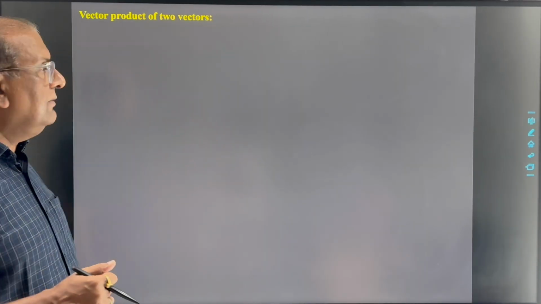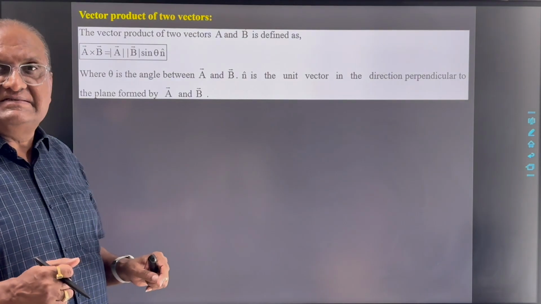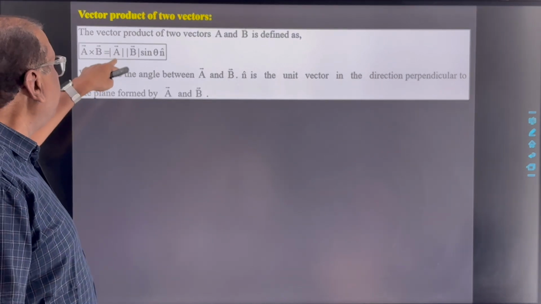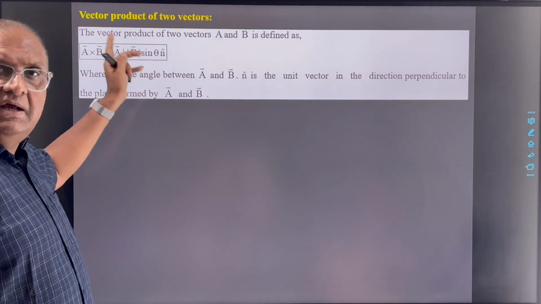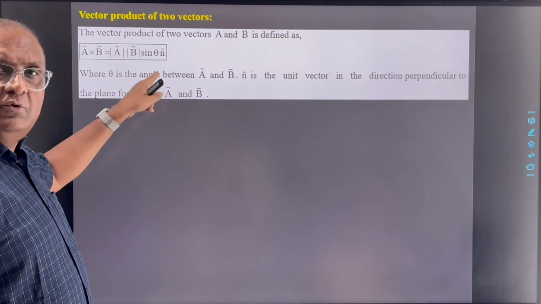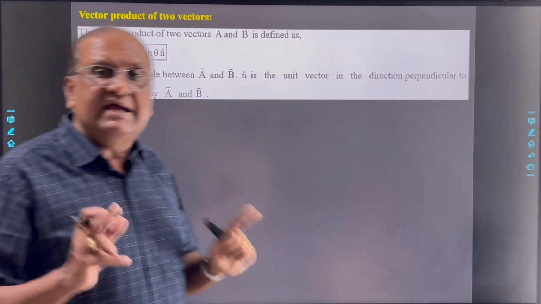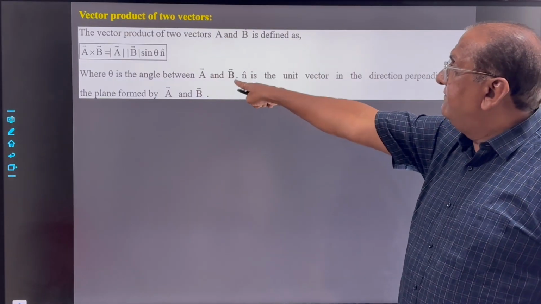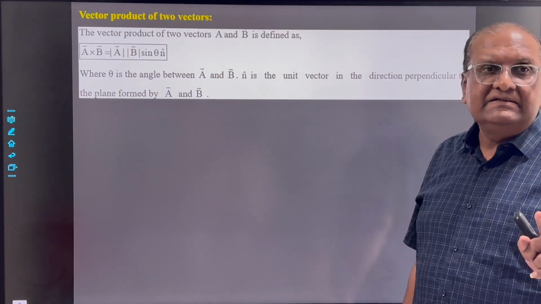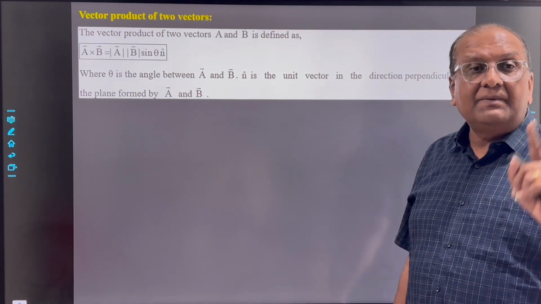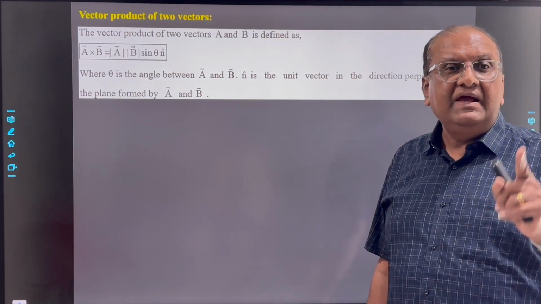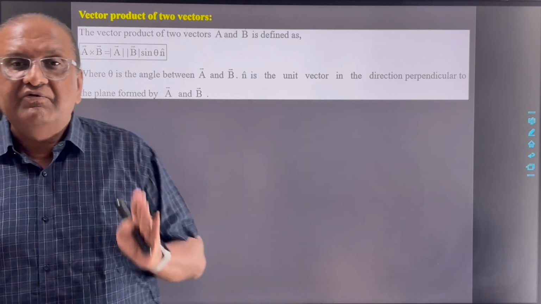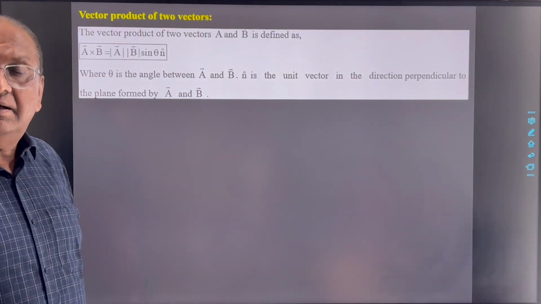Now here, the vector product of two vectors is defined as A cross B, that is magnitude of vector A into magnitude of vector B into sin theta into n caret, where theta is the angle between vector A and vector B, and n caret is the unit vector in the direction perpendicular to vectors A and B both. It implies that it is perpendicular to the plane formed by vector A and vector B.